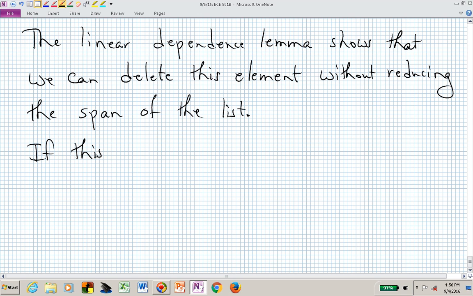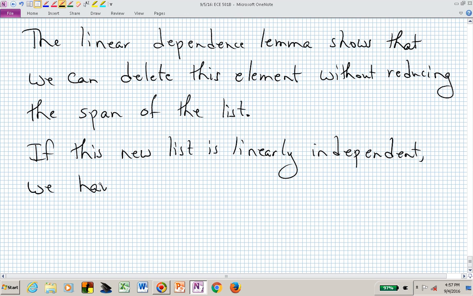If this new list that we've now created by removing the one element that was shown to be dependent on the other elements is linearly independent, then by removing that dependent element, we have created a basis of our vector space V, and we're done.